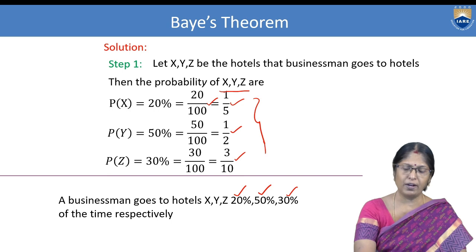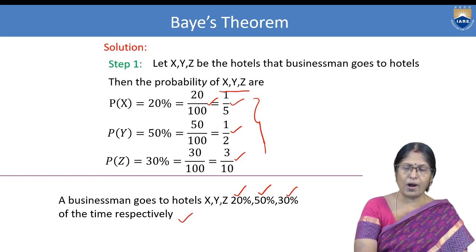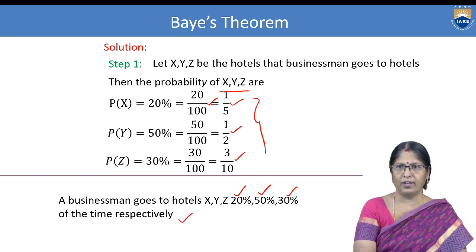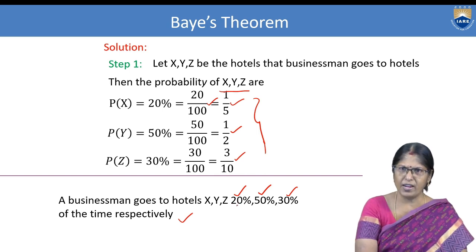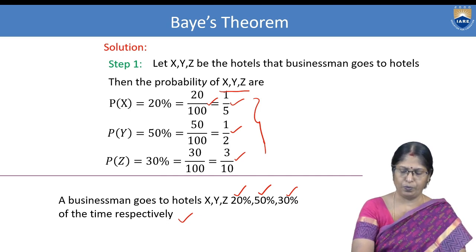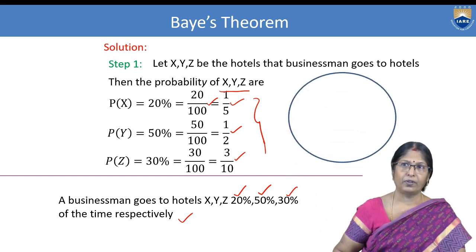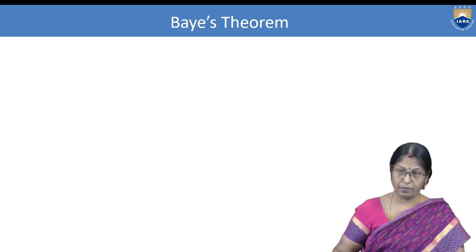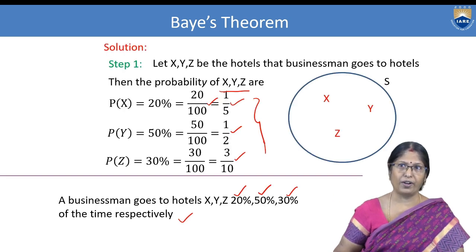So we completed some part of the question, regarding the main events listed here, and we solved step 1 also. Now we will move to step 2. The diagram which is kept here is the step 1 diagram.